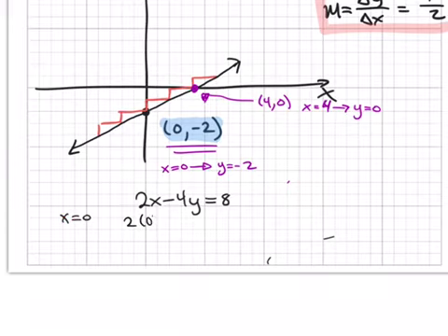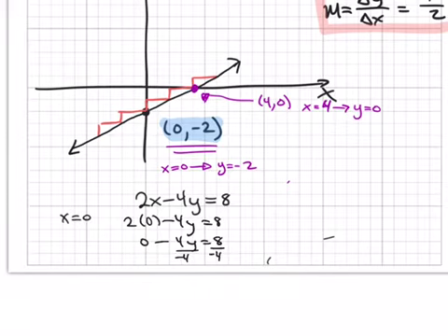I get 2 times 0 minus 4y equals 8. 0 minus 4y equals 8. And dividing both sides by -4, you get y is equal to 8 over -4, which is -2. So, check: when x is 0, y comes out equal to -2.